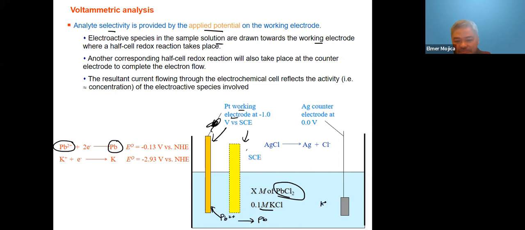So maybe your K+ here is converted to K. Okay, and the resultant current flowing through the electrochemical species would reflect the activity. So anong ibig sabihin niyan? The more ions you have there in the sample solution, the greater would be the signal that it will generate.